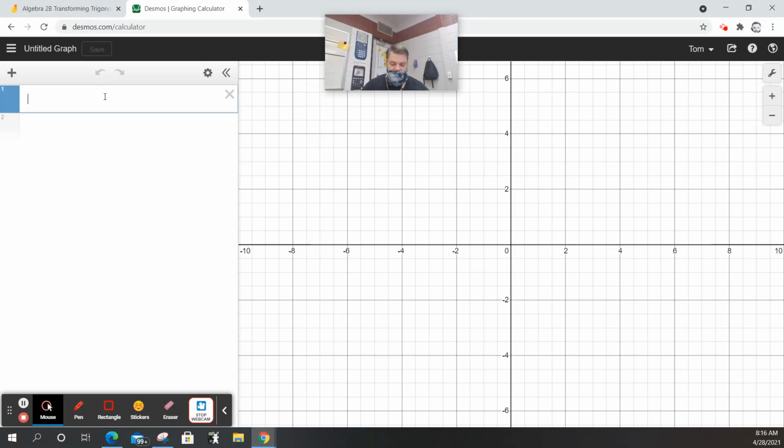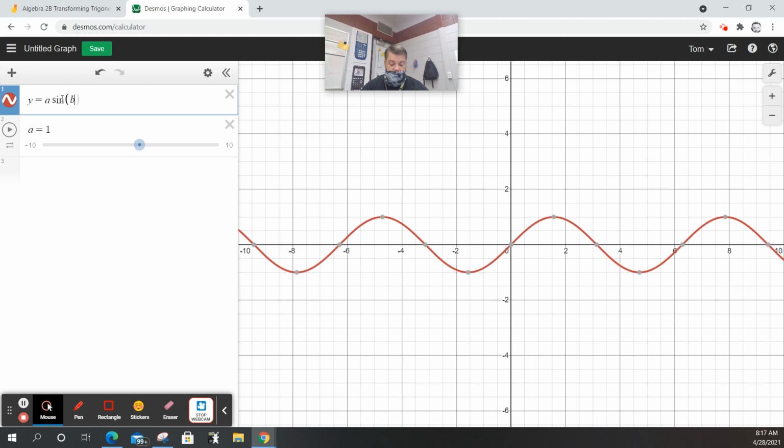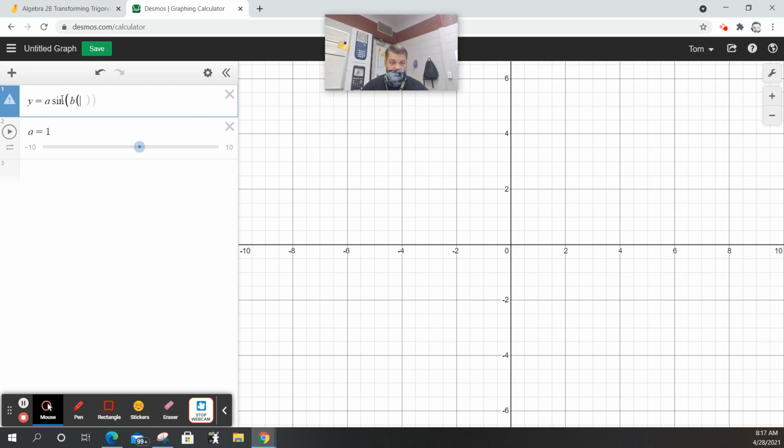So I'm going to say y equals a sine. I'm going to add a slider for a. And then in here I'm going to say b, and then start parentheses.